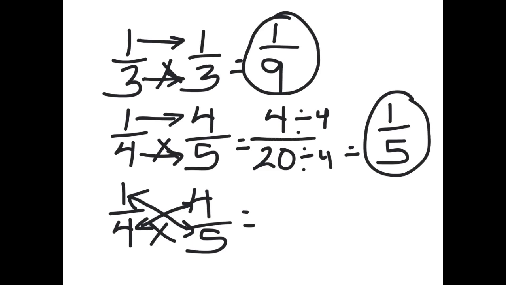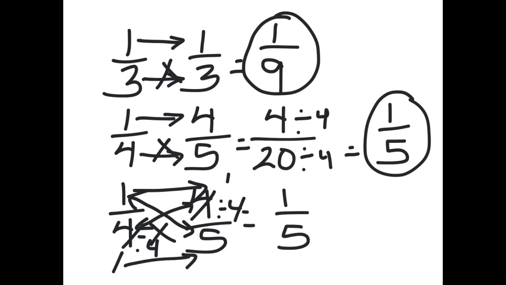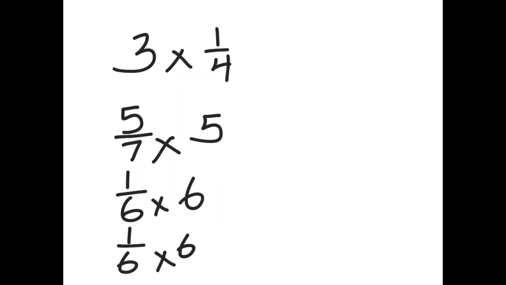But if you look at the 4 and 4, we can divide each of these by 4, and in doing that, these become 1. Now when we multiply across, we have 1 times 1, which is 1, and 1 times 5, which is 5. So I get an answer of 1/5. So that may be something that some of you may want to try, is to look and see if we can cross cancel.